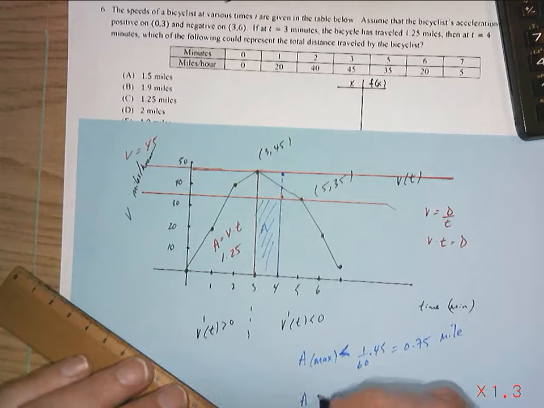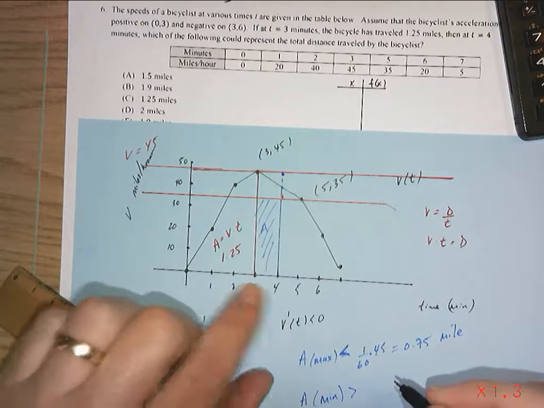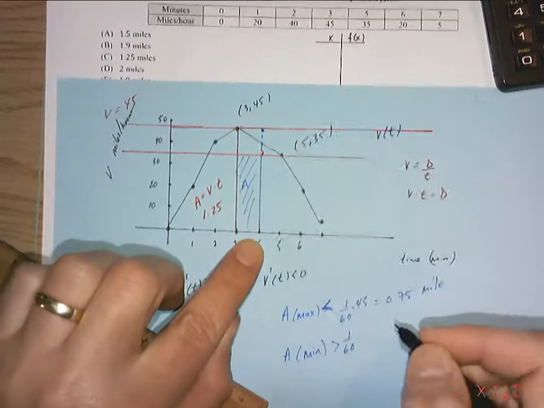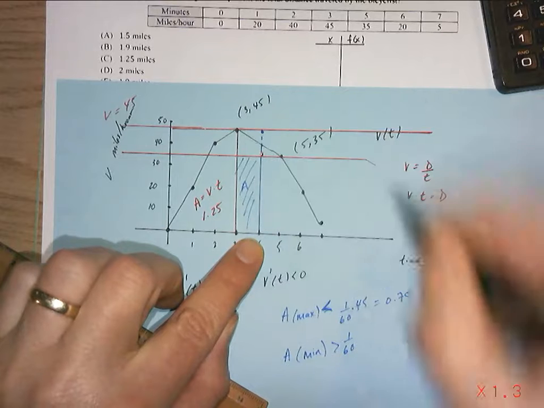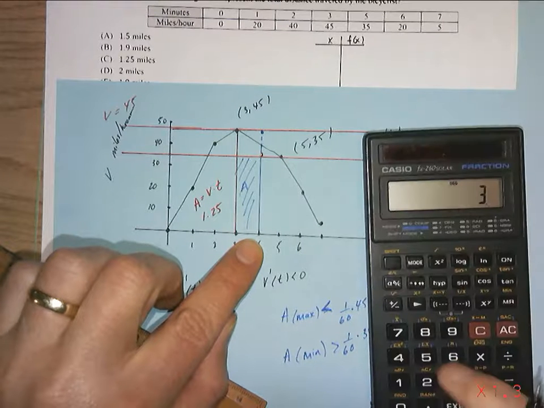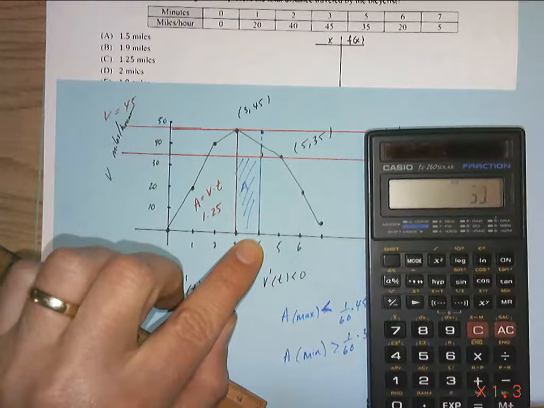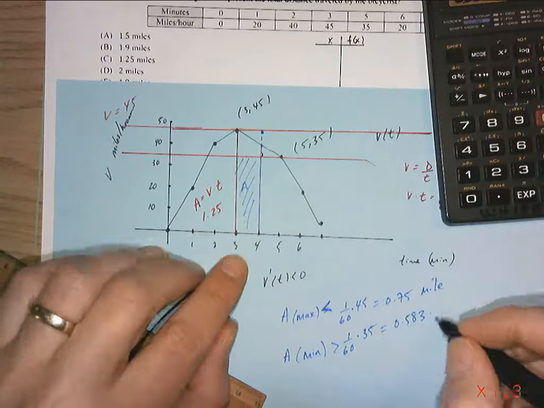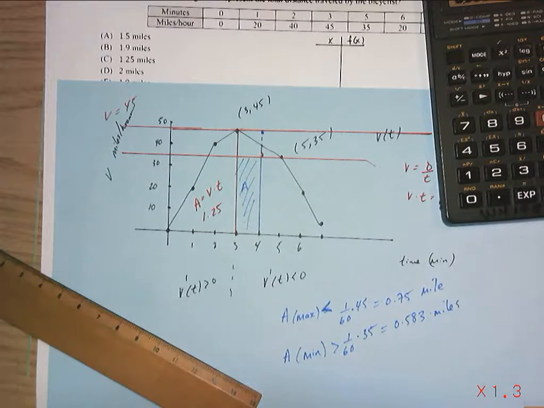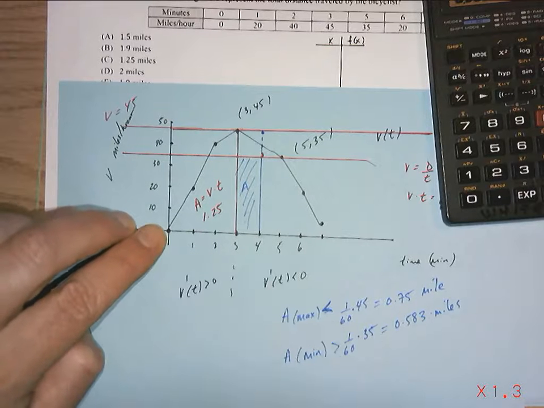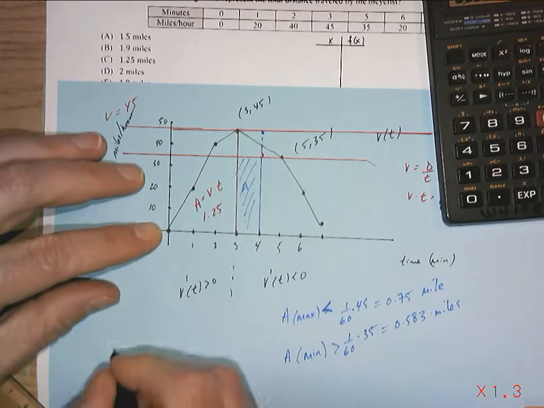So the area added minimum must be greater than this amount of time, which is 1/60th of an hour, times this height, which is the velocity of 35. Using my calculator, 35 divided by 60 is approximately 0.583 miles.